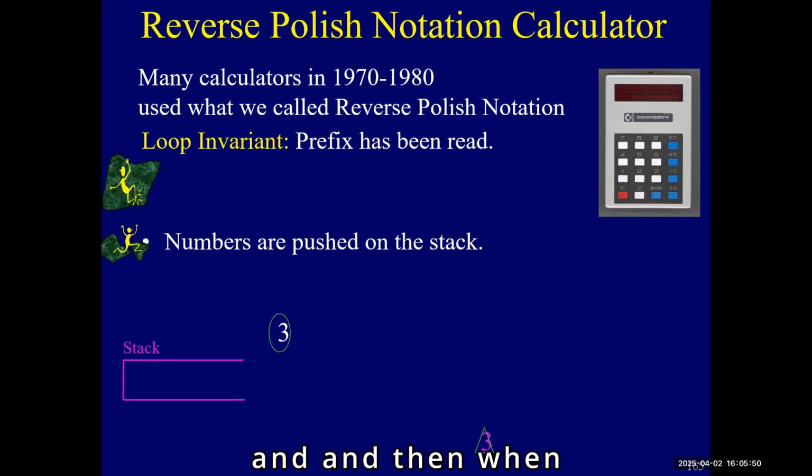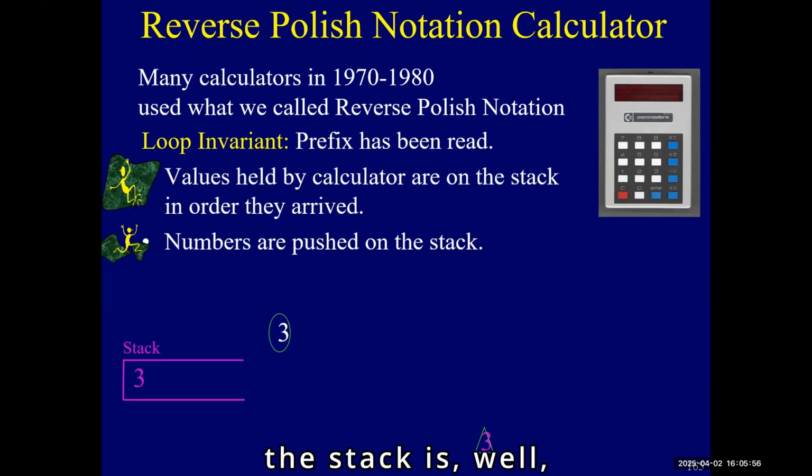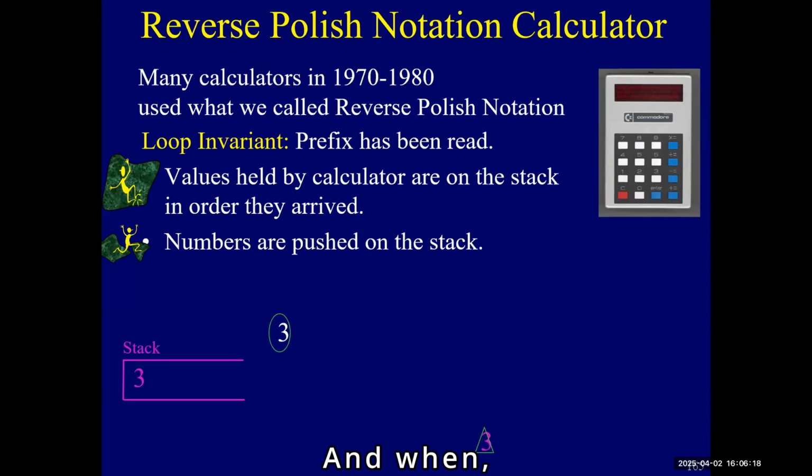When you're finished with the tree, the evaluation of that tree is on the stack, but you need to create a tree. So what you could have here is a pointer to the tree that you created. You read in this whole tree because it's the first part of the list, and when you're done reading it in, the loop invariant is that here there's a pointer to the tree that you created. Does that make sense?